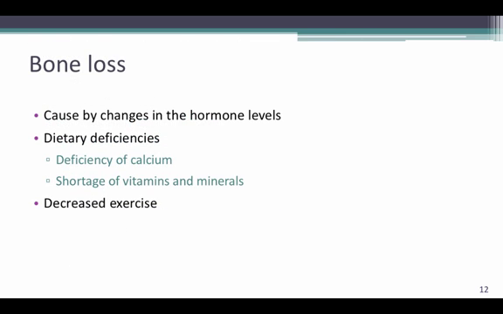The change in composition is also accompanied by bone loss in older adults and is oftentimes caused by the changes in hormonal levels that occurs during this time period. Dietary deficiencies in calcium and other vitamins and minerals, as well as decreases in exercise, also play a role in bone loss.